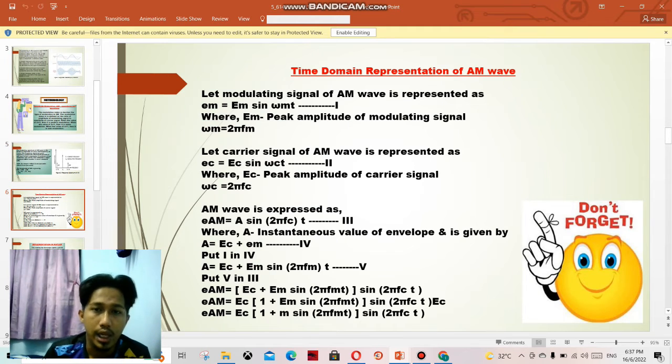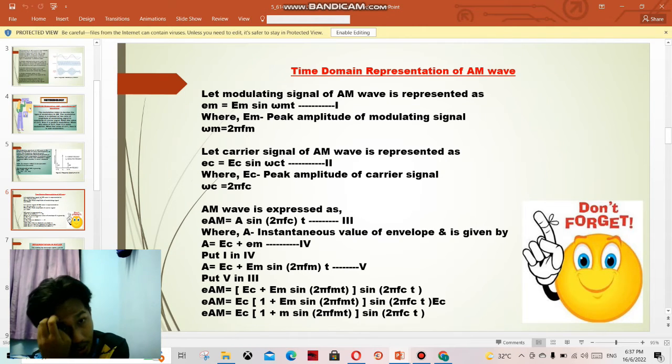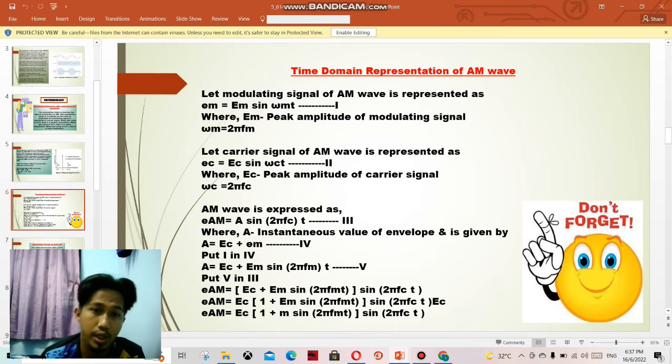Next, the time domain representation of the AM wave. The modulating signal of the AM wave is represented as em equals Em sin omega m t, where Em is the peak amplitude of the modulating signal and omega m equals 2 pi fm.